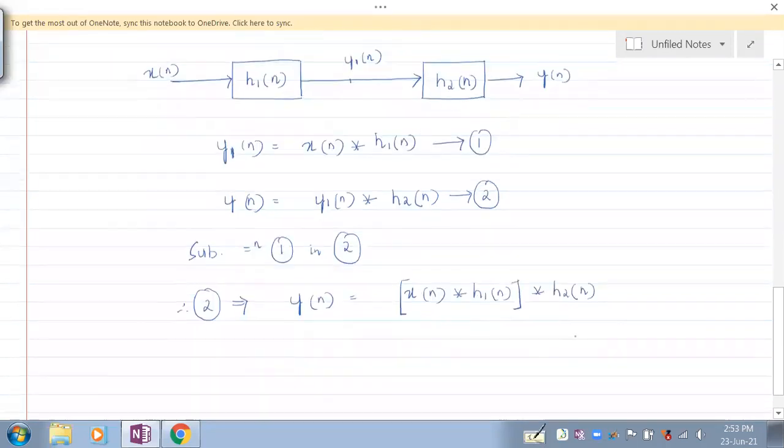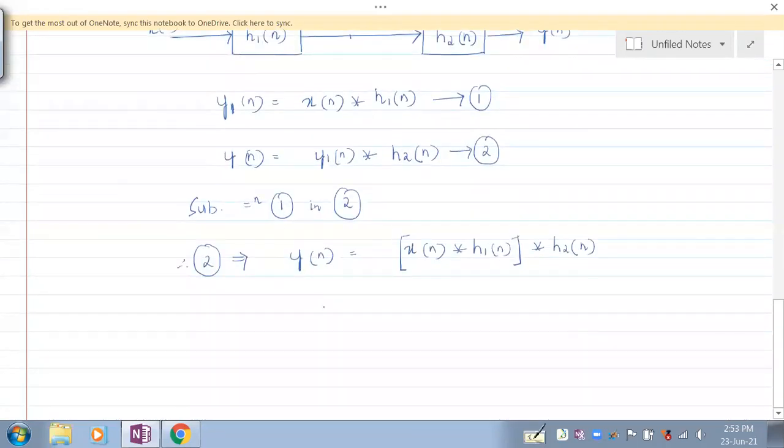Since convolution is associative, y of n can be written as x of n convolution, and now the bracket I'll shift.